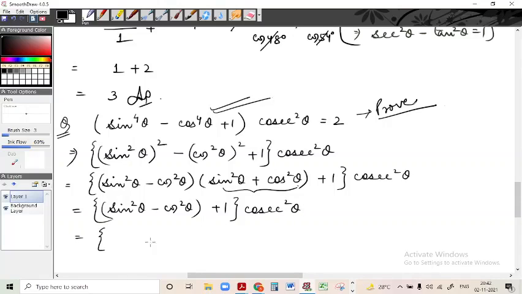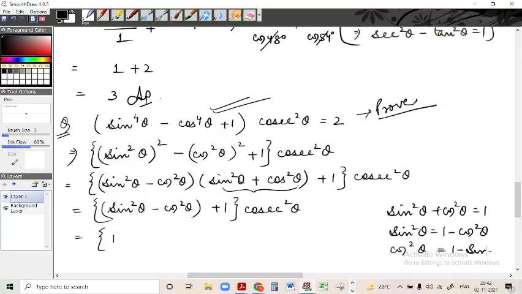Here we have the formula sin square theta plus cos square theta is equal to 1. I may also write sin square theta is equal to 1 minus cos square theta, or else cos square theta is equal to 1 minus sin square theta.